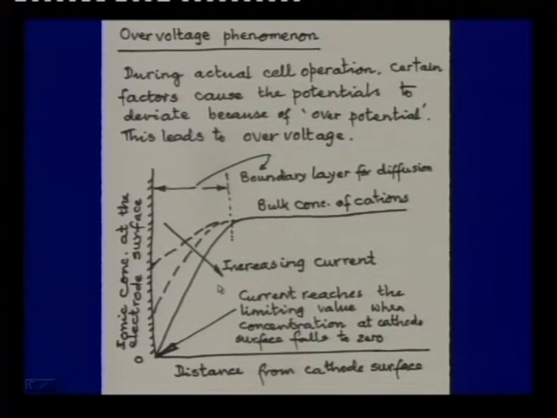There is a limit beyond which we cannot push it further, and that becomes rate controlling. So, because of this concentration gradient, there is a concentration over potential, and then a limiting current, or for a given area of the electrode, a limiting current density, which limits the amount of metal you can deposit on a cathode in a given cell.